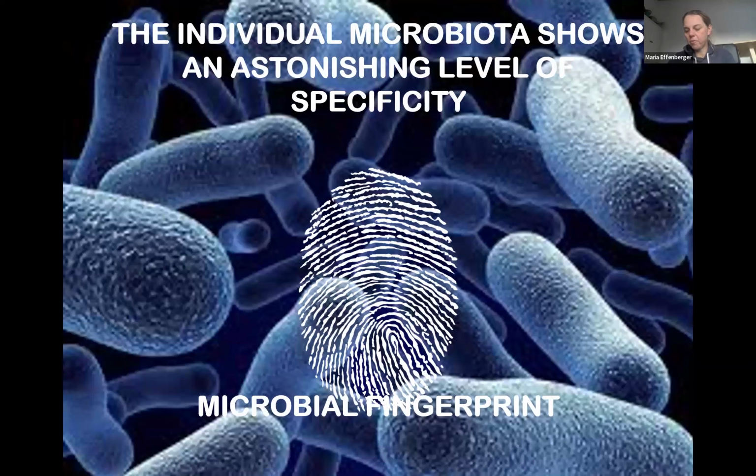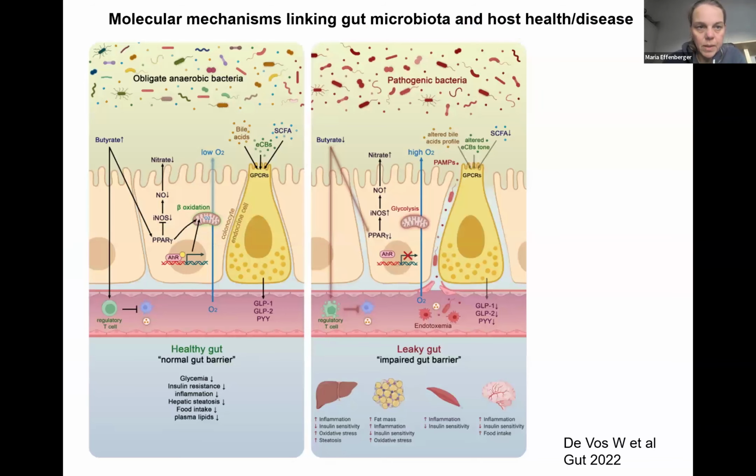What is really important is that every human being has, like a fingerprint, a really individual microbiota, and this microbial stability is really astonishing, because only a few changes are possible, and most of the changes that are possible are through a dietary pathway. Everything else is not changeable.